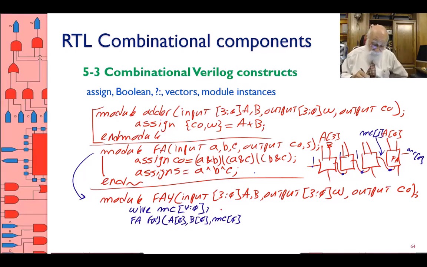I don't have a carry in, and therefore I do an assign here that MC 0 is 1'b0. Just to do regular structure, MC A0, B0, MC0, and then the next one, 1, 1, 1, and so on.